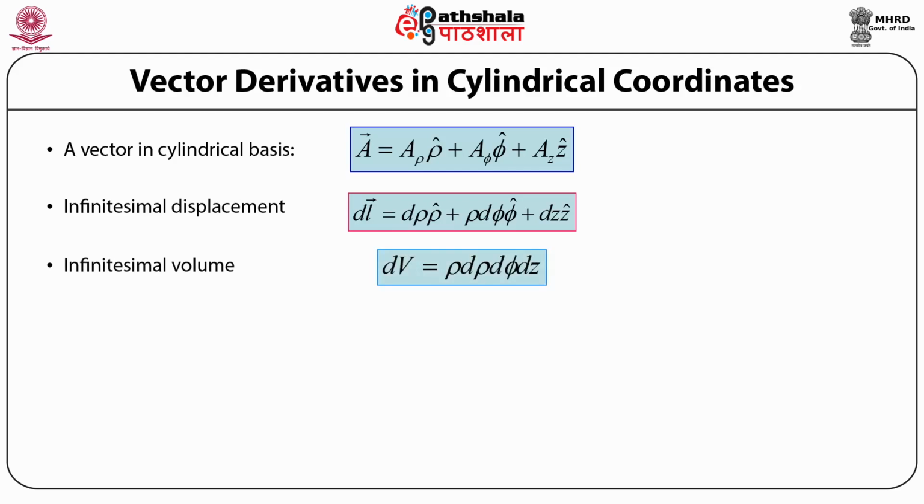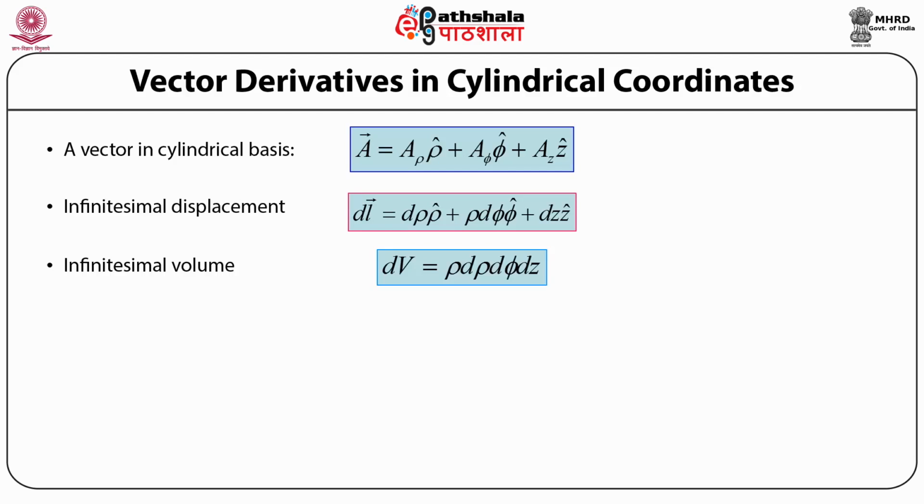And the infinitesimal volume in the cylindrical coordinate system is defined as dv is equal to rho times d rho times d phi times dz, where d rho, d phi and dz are the infinitesimal elements of rho, phi and z in the cylindrical coordinate system respectively.